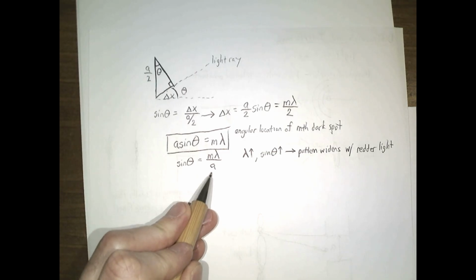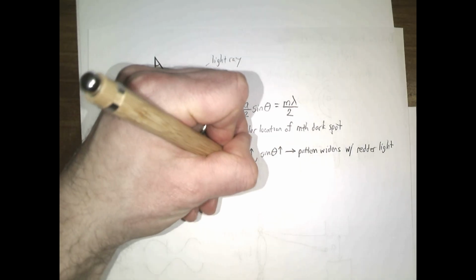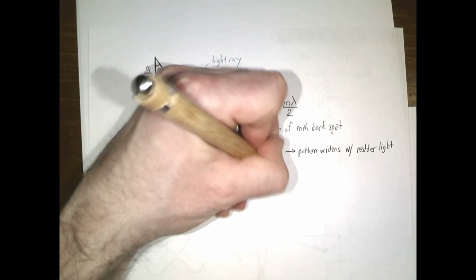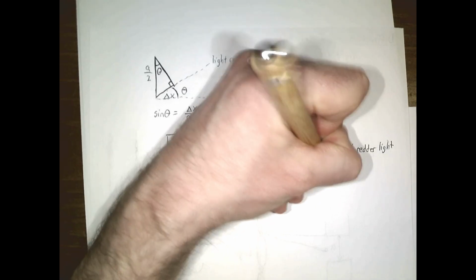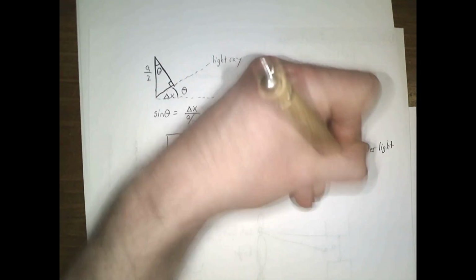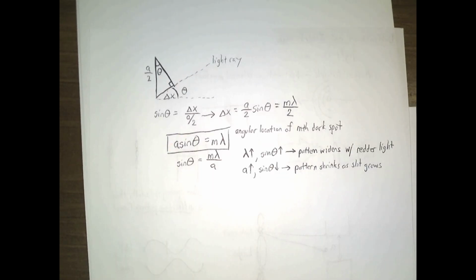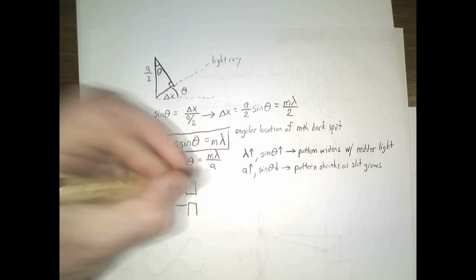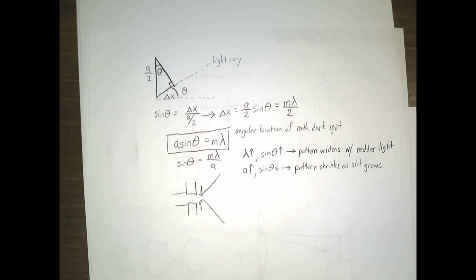This also says the size of the slit affects the spread here. So if a goes up, a is inversely proportional to the left-hand side. So if sine theta is going to go down, the pattern shrinks as the slit grows. Or you can say as the slit shrinks, the pattern spreads out. The way I like to think about that is kind of like putting your thumb on the end of a hose. If you have the light streaming through, making this smaller is going to have it spread out more, so to speak.